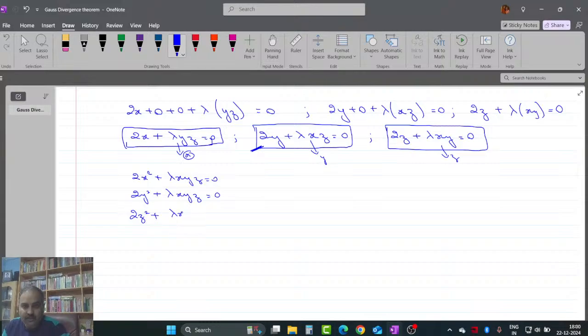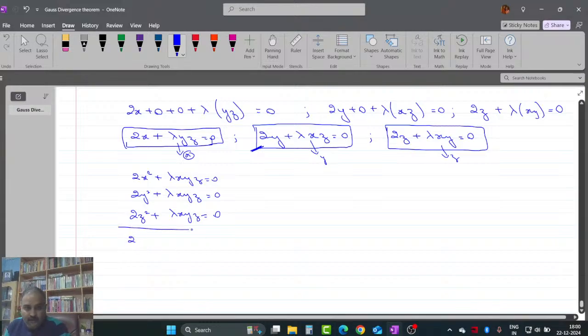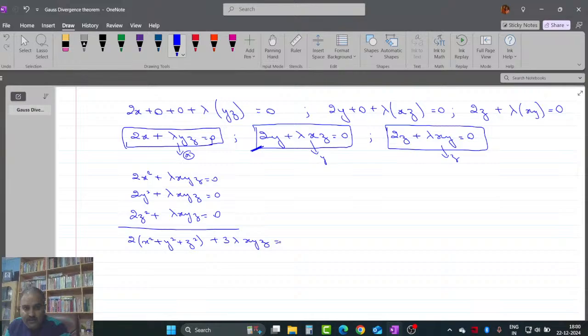2z square plus lambda xyz equal to 0. Now if I add all these three equations, it will be 2 times x square plus y square plus z square plus 3 times lambda xyz is equal to 0.